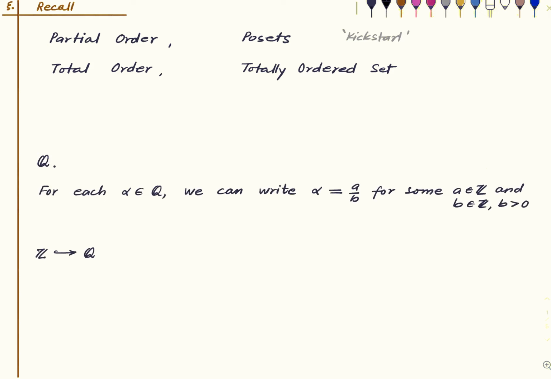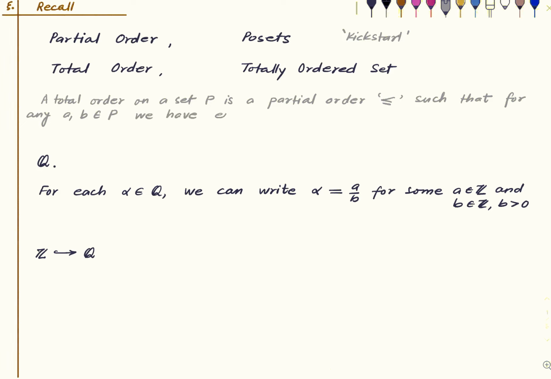A total order on a set P is a partial order such that for any two elements A and B in P, we have either A less than or equal to B or B less than or equal to A, or both, which happens only when A and B are equal. So that is a total order.